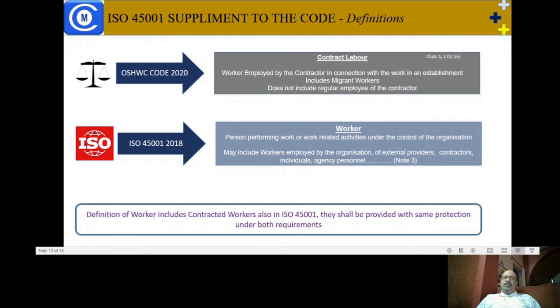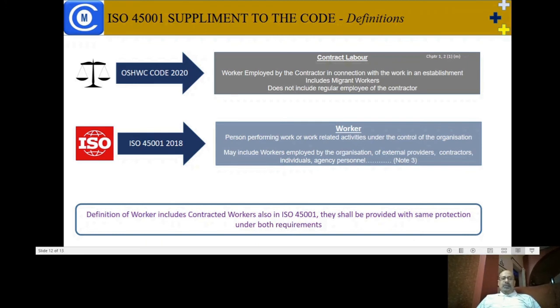Now, by the definition of ISO 45001:2018, worker means a person performing work or work related activities under the control of the organization. And it has given a note 3 that it may include workers employed by the organization, external providers, contractors, individuals, agency personnel.